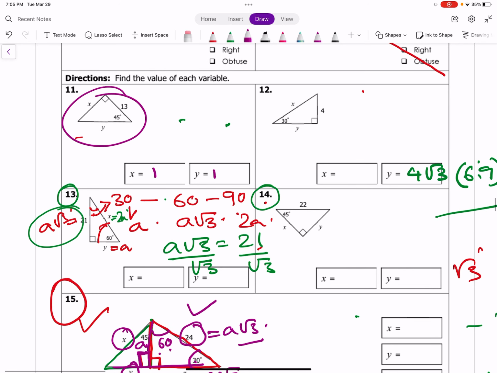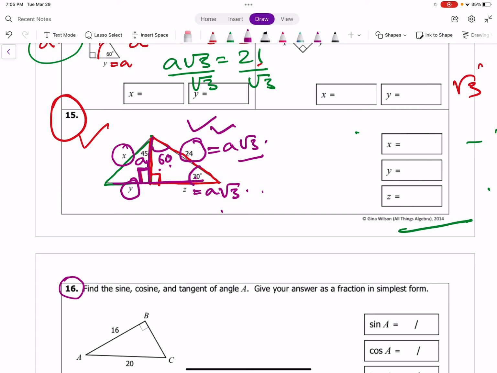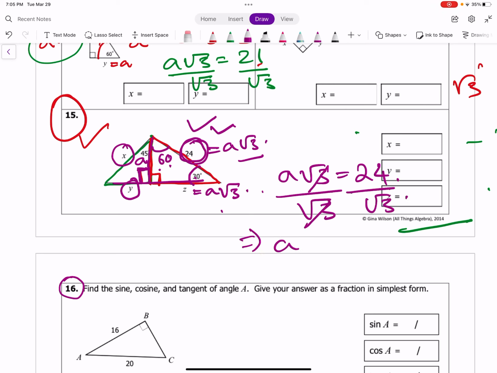We did number 11 with 45, right? Okay, go ahead. And then we get a nice equation here: A radical 3 equals 24. So we can divide by radical 3 and put it in the calculator, or the other way, instead of multiplying as in the earlier option, we can factorize. 8 times 3 gives us 24.